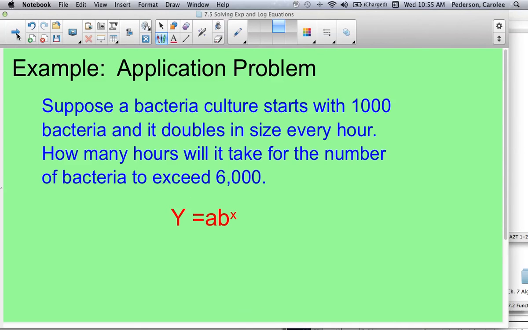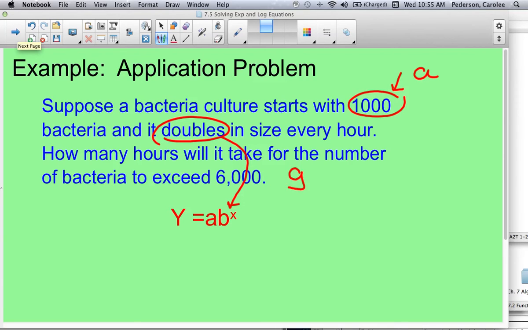One example left. Suppose the bacteria culture starts with 1,000 bacteria. So this is my initial. That is going to be the A in this problem. Then it says it doubles every hour. So that's going to be my growth rate multiplier.